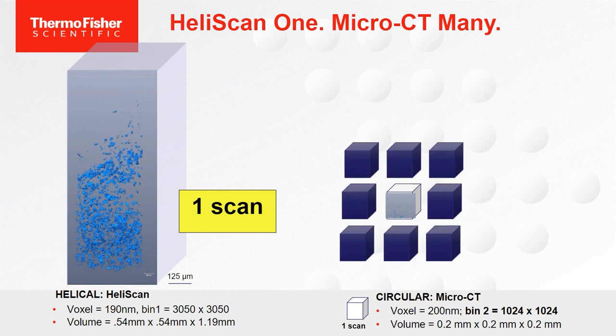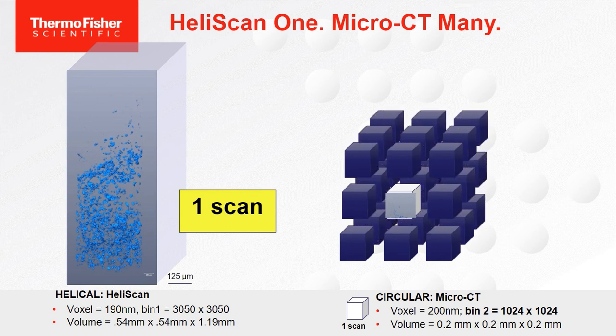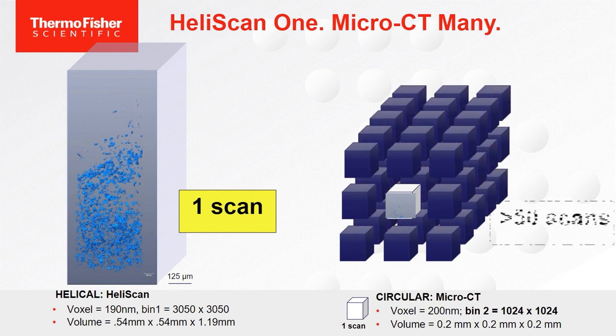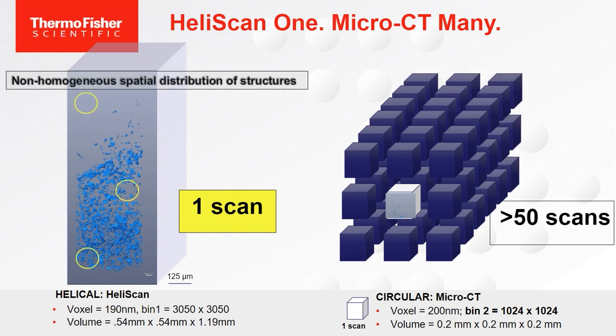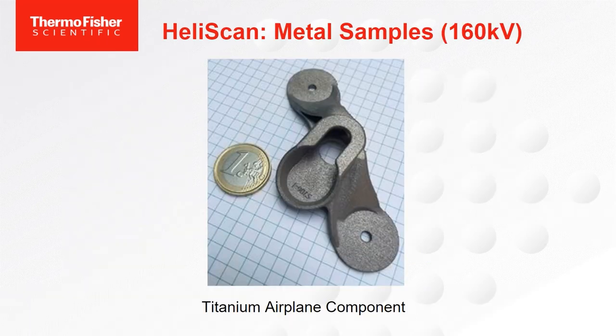And had you done this on a traditional MicroCT, where you might be running in bin 2 mode, so your effective detector is 2K by 2K, you'd have to stitch together more than 50 scans to capture that same one volume that you got with the HeliScan. And then, of course, you're going to have all kinds of computational issues and artifacts that go along with doing that. So there's a strong advantage to be able to capture a very large area with one scan.